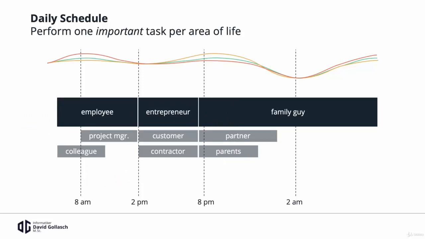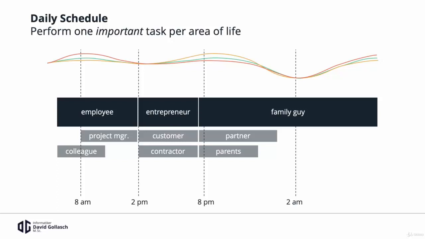Well, your daily schedule is not just about mornings, afternoons, just sets of tasks where you have to select several. Most of the time we have a specific role that we are in, or we are in a specific area of our life.